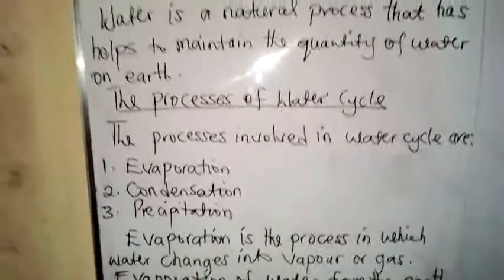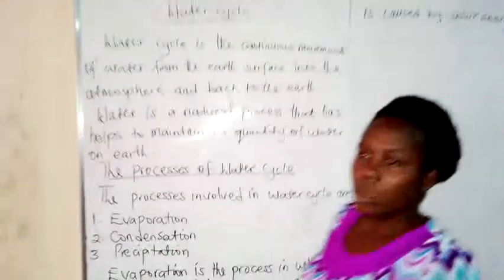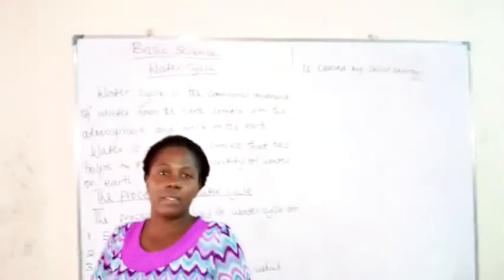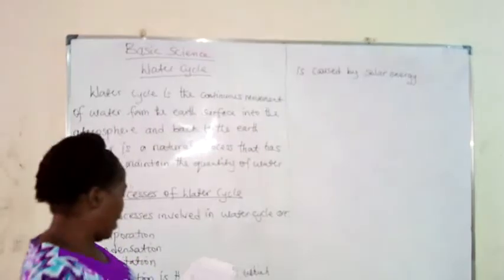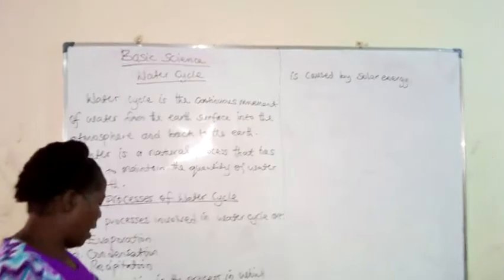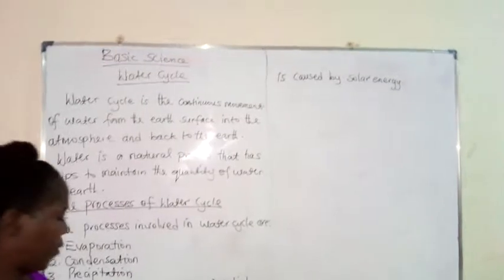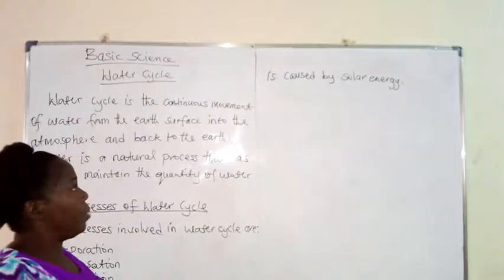I have said that the evaporation of water from the earth's surface into the sky is caused by solar energy. Now this water that evaporates goes into the air, that's the atmosphere, and meets a polar body.